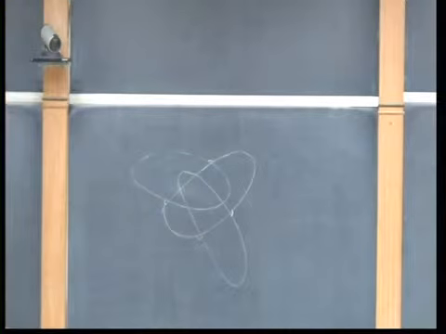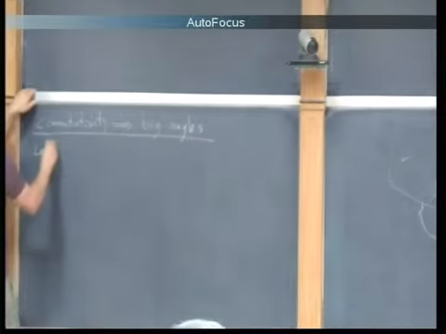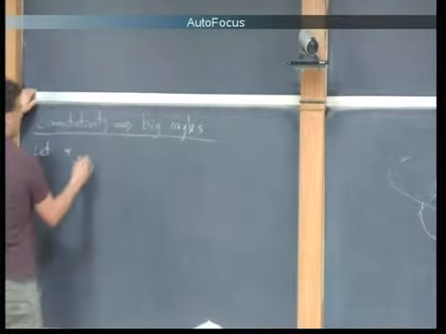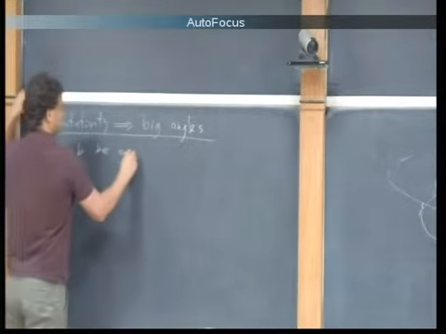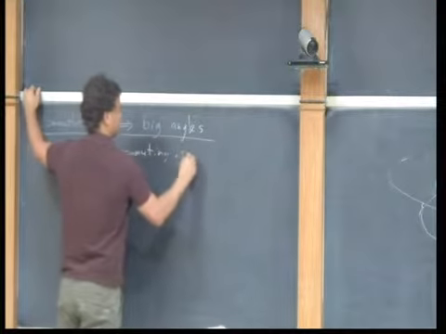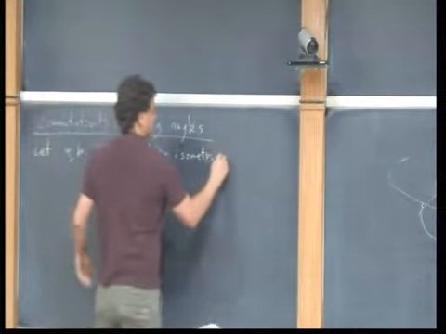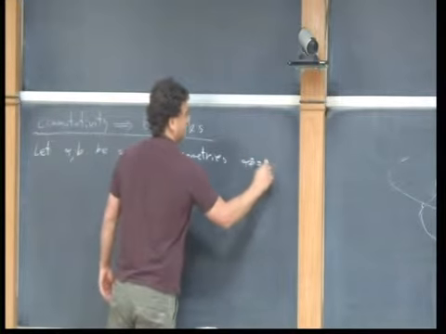Okay, so this is the dilemma. So let's write it. Let alpha and beta be commuting isometries, so alpha beta is beta alpha.